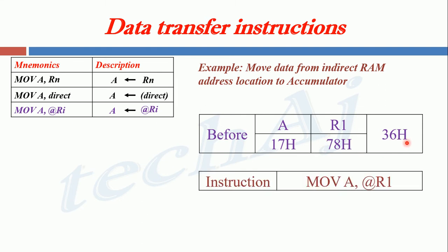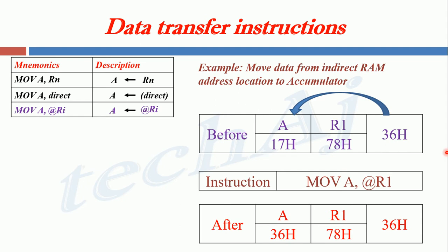So if we take the instruction MOV A, @R1, this instruction treats R1 as pointing to the address. So suppose this is the address. From this address, 36H is copied into the accumulator. So whenever this instruction is executed, we'll get the result with accumulator value 36H, which is copied from the address pointed by R1.